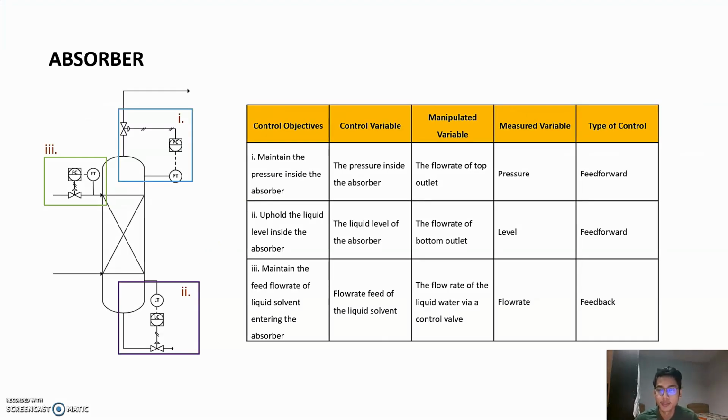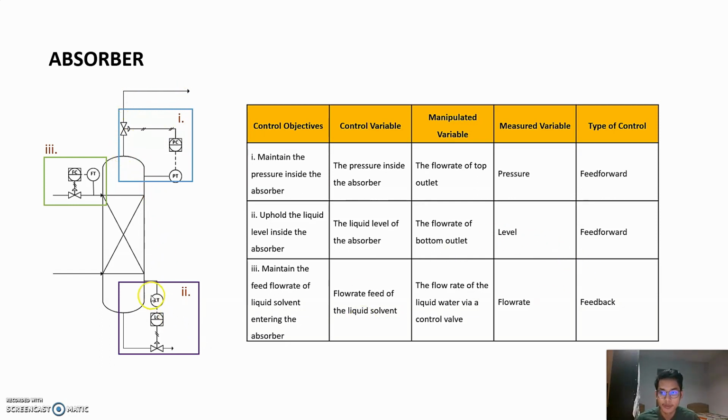Next we have an absorber. For the absorber, we have 3 types of control strategy. The first one is pressure, where we control the pressure of the absorber. It is in feed forward, where the controller is controlling the gas flow rate coming out of the absorber.